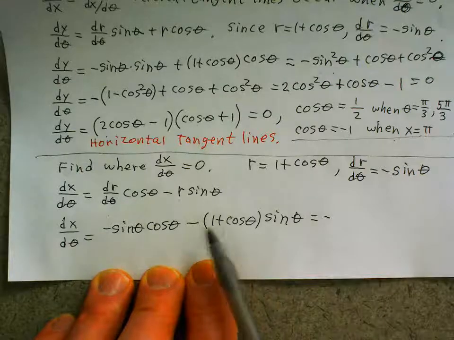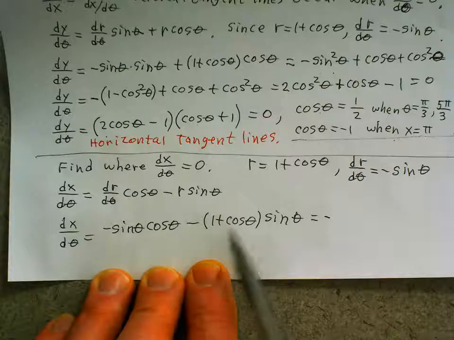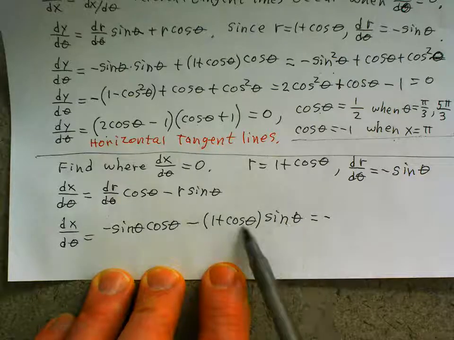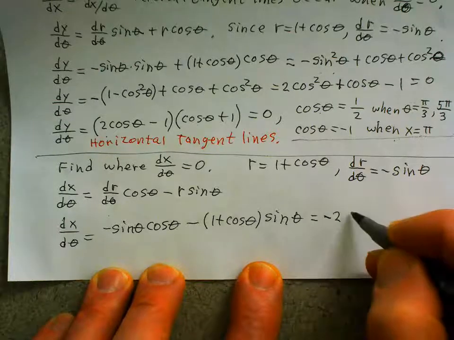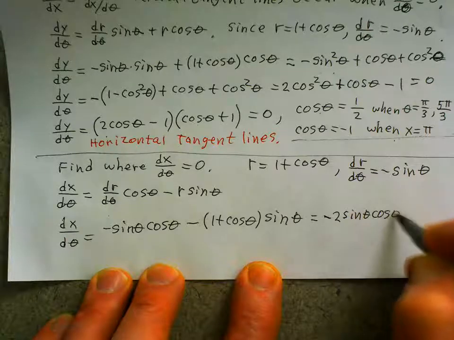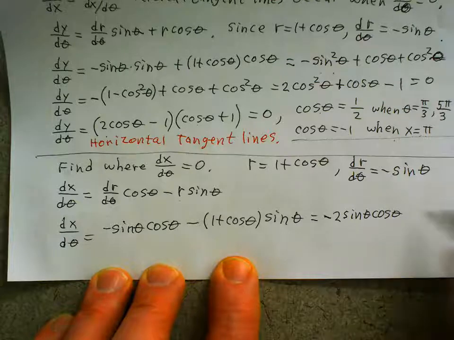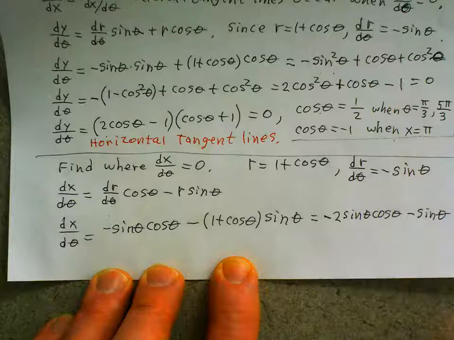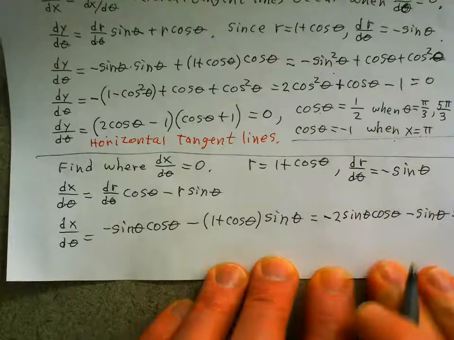Notice we're going to get negative 2 sine of theta cosine of theta, because we're subtracting sine of theta times cosine of theta. So altogether we get negative 2 times sine of theta cosine of theta, and then minus sine of theta, which is equal to 0. We set it equal to 0.